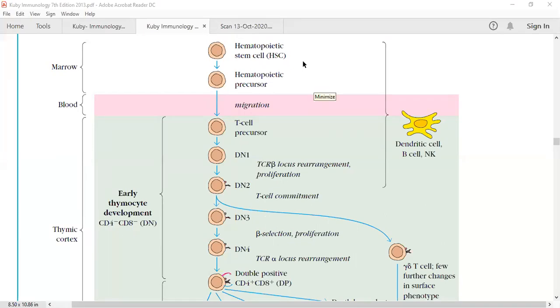The other students seem not interested in immunology. Hiba is more interested. Hiba, are you a BSc student or MSc student? Oh, you have completed MSc. Which subject? Biotechnology only? Biochemistry.